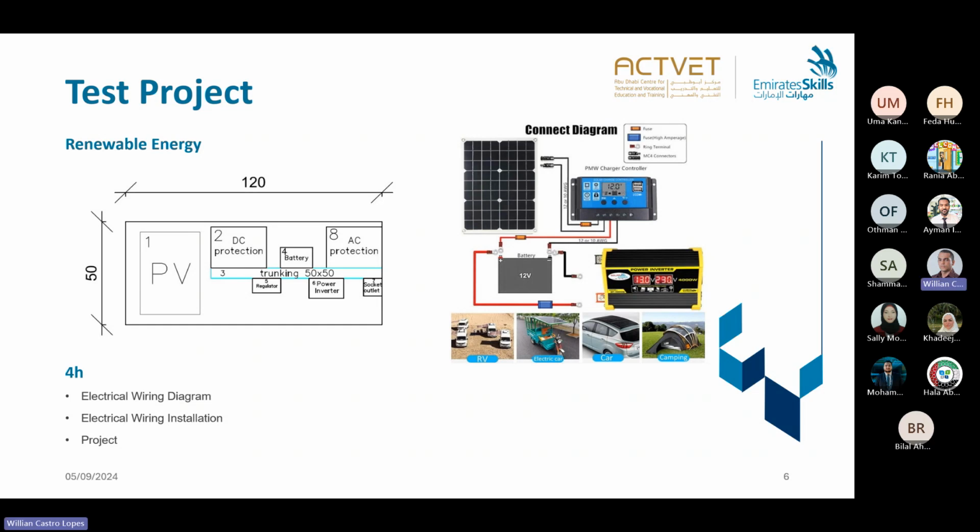For example, if we have 8 spots in Emirates Skills and we do the selection in 5 emirates, the winner of each emirate plus the highest 3 marks in the final section across the 5 emirates. But again, it's not official. I just proposed it to them and I'm waiting for them to approve it. You can share this officially by email with the experts and with the line manager.